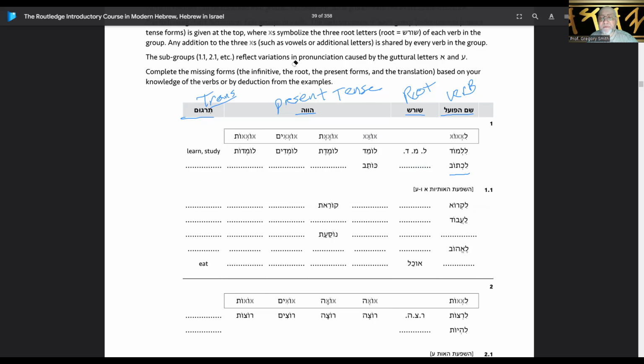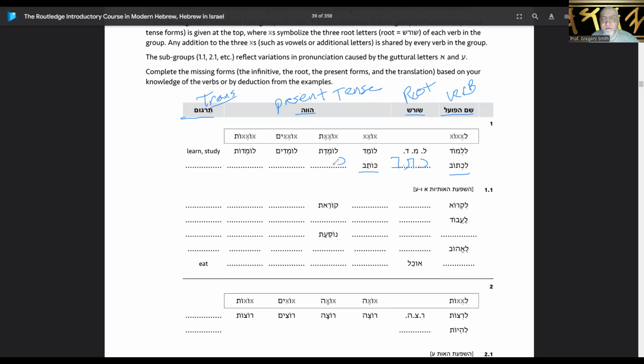You don't include the lamed because that's the "to", so it's katav, and then just vet, and then you have these dots in here. Katav. And then kotev would be like hu kotev, he is writing. And then you would have kotevet.